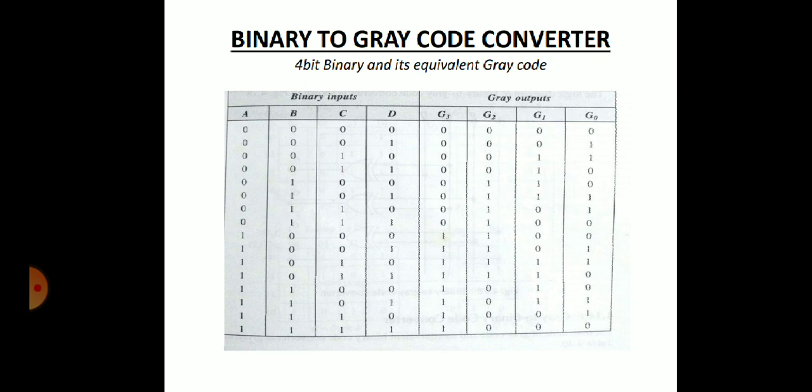Then XOR between the two digits, that is A XOR B, write the result in G2, B XOR C, write the result in G1, C XOR D, write the result in G0. So first number will be written directly, A written directly in G3, and then do XOR between two digits, A XOR B, B XOR C, C XOR D.